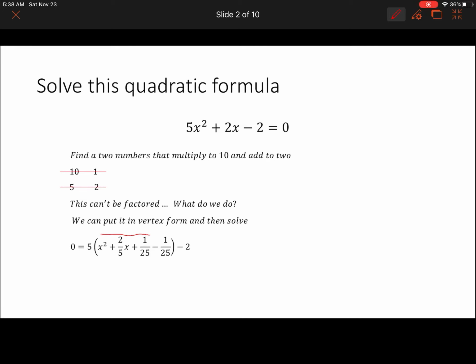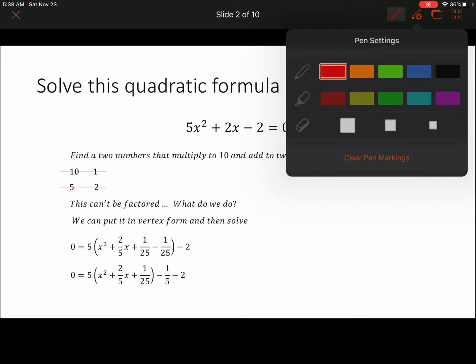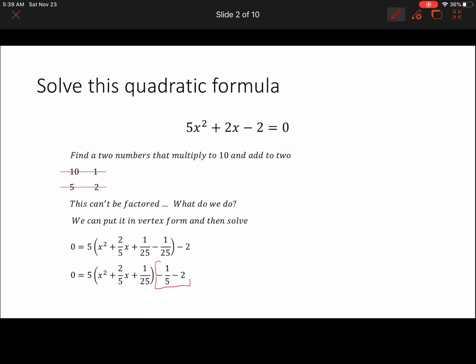So this is a perfect square. Then we multiply 5 times minus 1 over 25 to bring it outside the brackets. 5 times 1 over 25 is 1 over 5, and the negative stays there. Now we join these two.